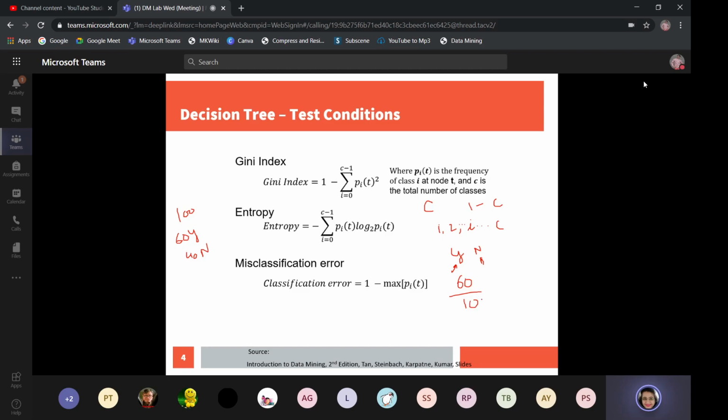And so basically it's a probability, and this becomes 40 by 100. Okay, so this is 6 by 10 and this is 4 by 10.